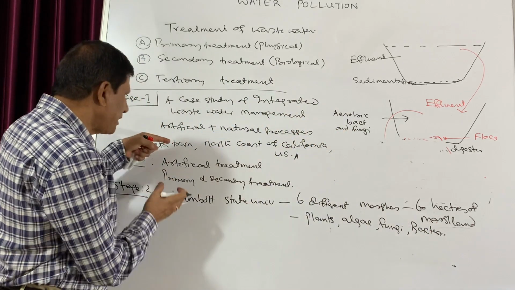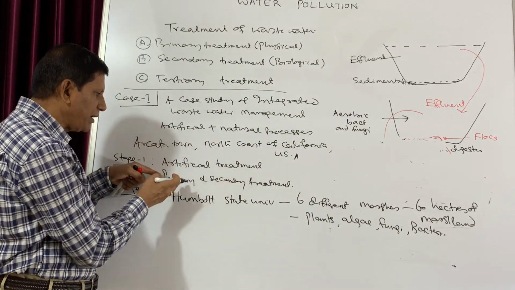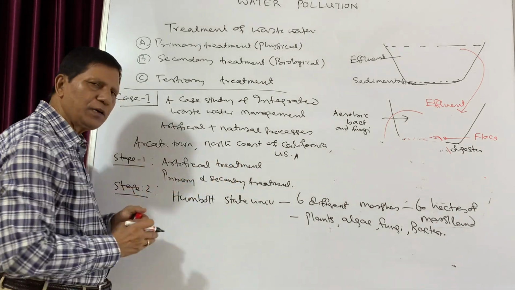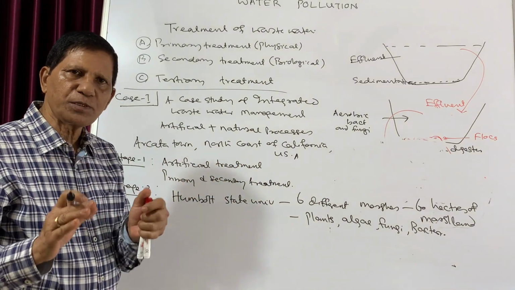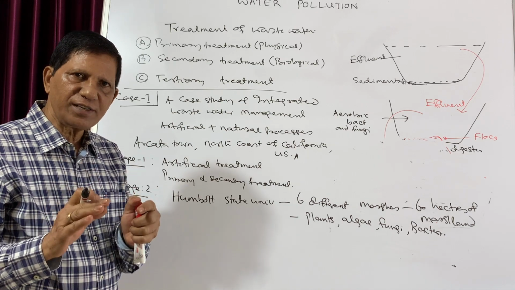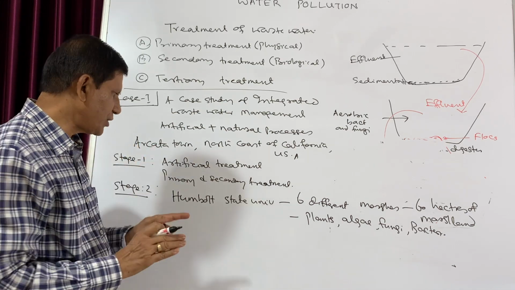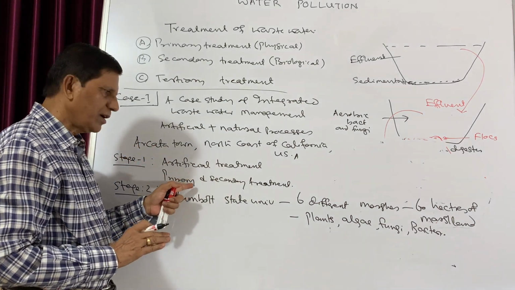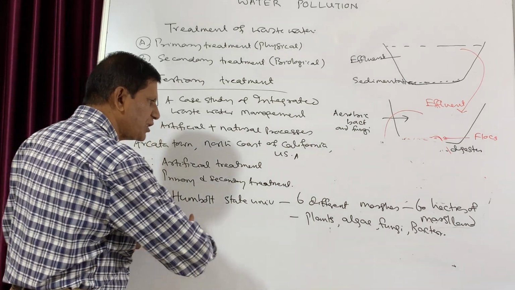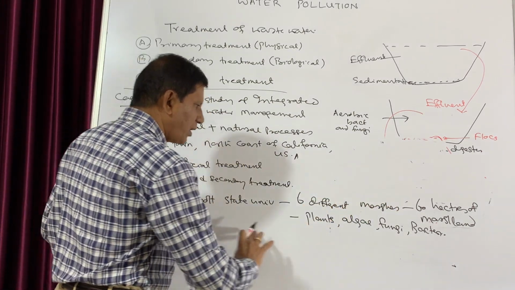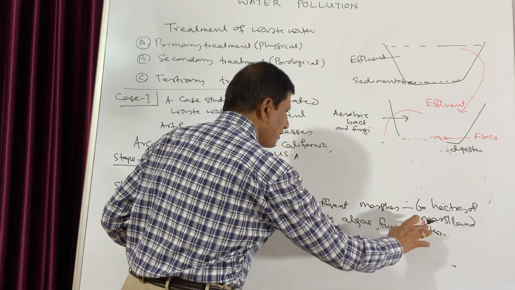Now after this artificial treatment, that is primary and secondary treatments, the different types of salts, phosphates and nitrates which are still present in this water are allowed to pass through this marsh containing the different types of plants, algae and fungi.